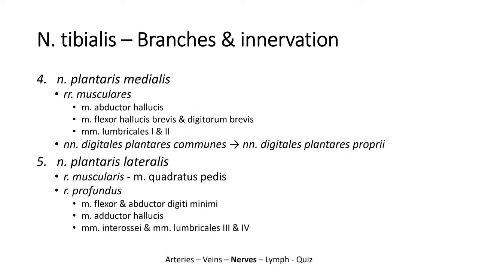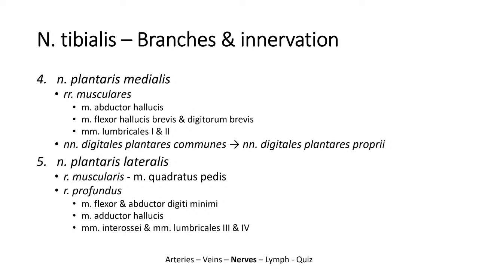Now the lateral plantar nerve, nervus plantaris lateralis, will supply musculus quadratus plantae, and ramus profundus will supply most of the deep muscles, including musculi interossei and musculi lumbricales tertius and quartus, so the lateral two ones.